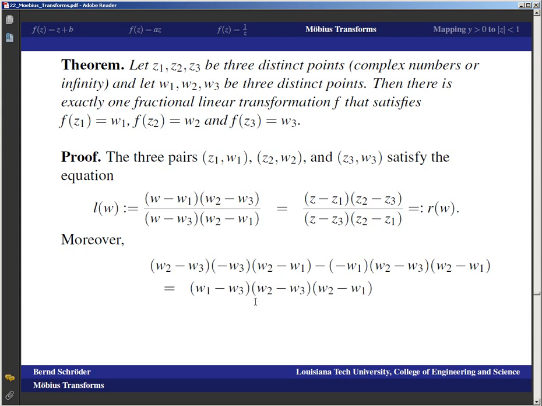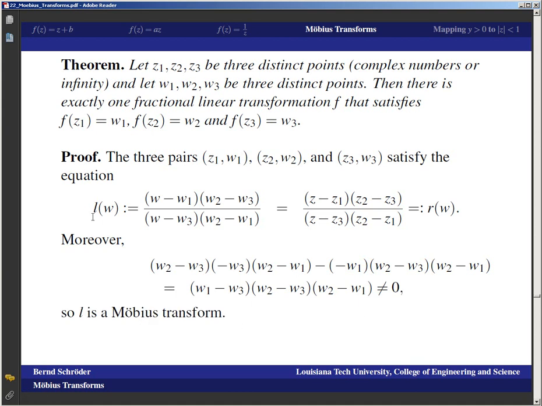Notice that the determinant is equal to, let's see, we've got this term in common, this term in common, so we just end up with negative (W1 minus W3) times the two other terms that were in common, and that's not equal to 0 because W1 through W3 were 3 distinct points.